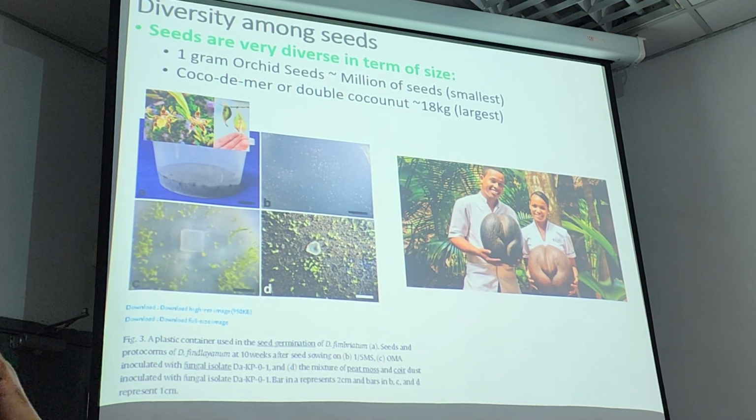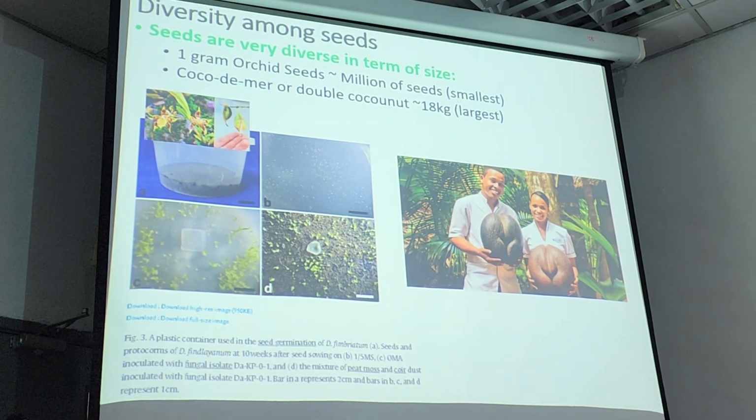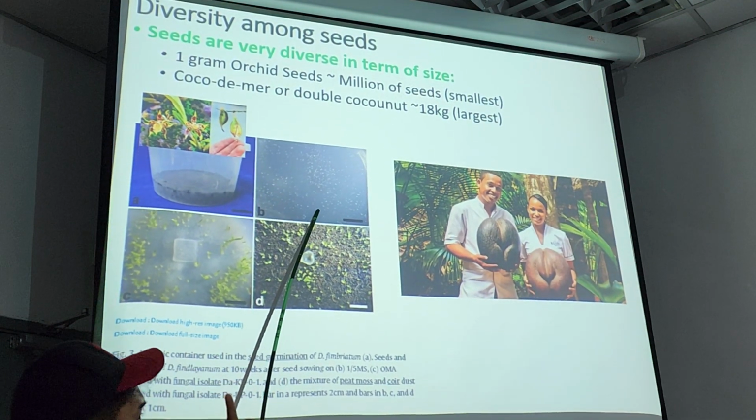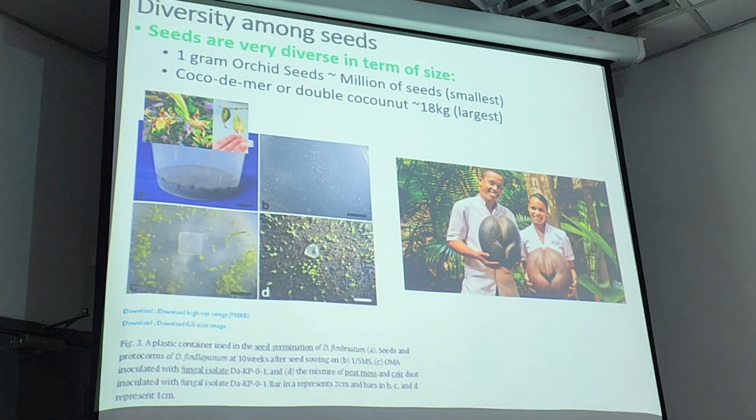It originated from an island group called Seychelles Island. That's a very big, huge seed. This one speck is one seed. This is also one seed.